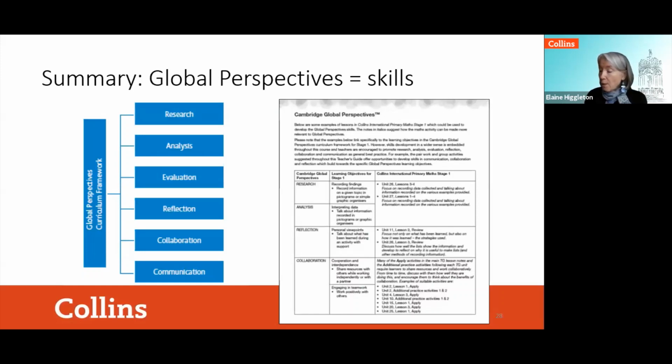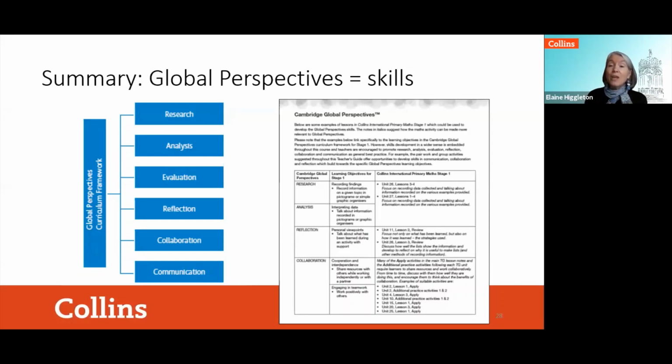Nick showed you an example from primary science grade 3 around natural resources and creating a natural resources poster. That might be one activity that is done in science that actually feeds into the challenge that you're working on in your separate Global Perspectives lesson. We're not saying you have to teach Global Perspectives through English, science and maths.